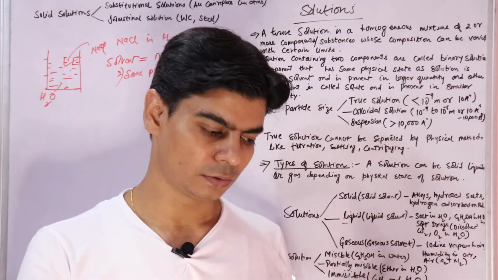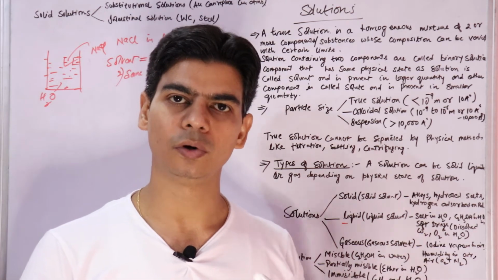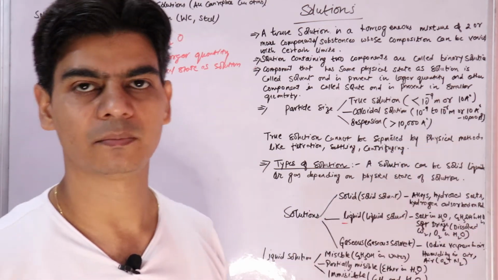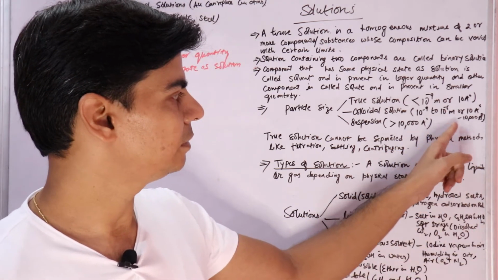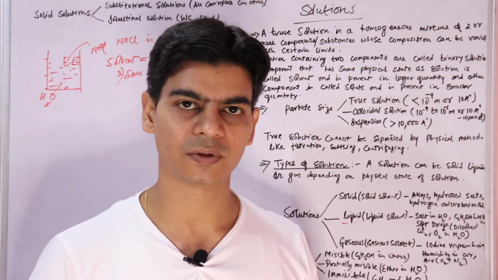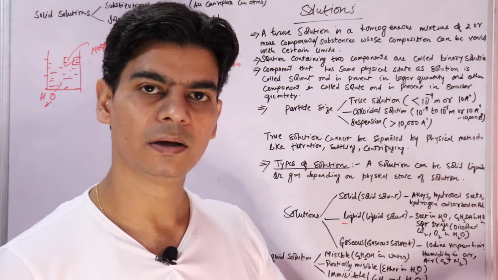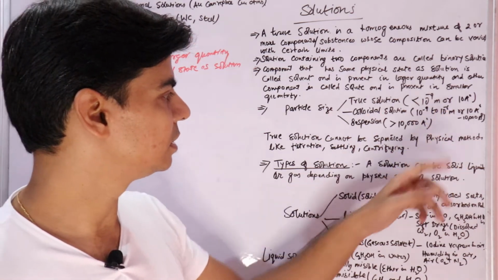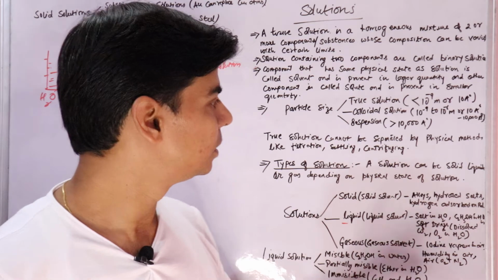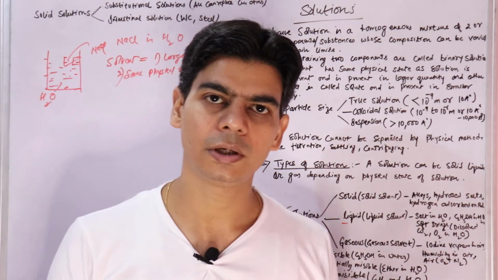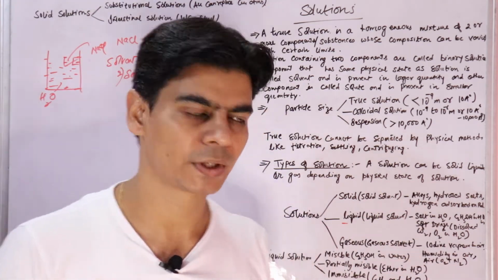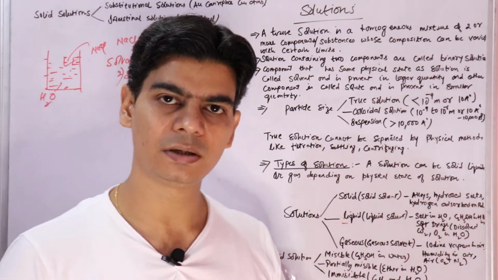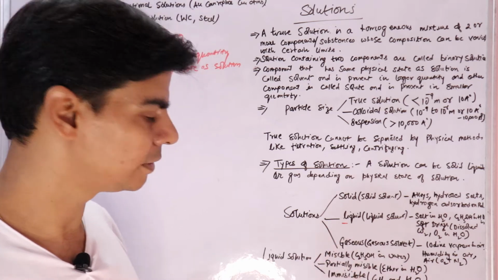The particle size range for a colloidal solution is 10 to the power of minus 9 to 10 to the power of minus 6 meter, or 10 angstrom to 10,000 angstrom. If the particle size is greater than that of a colloidal solution, it is a suspension. We will talk about colloidal solutions and suspensions in a different chapter, not here.